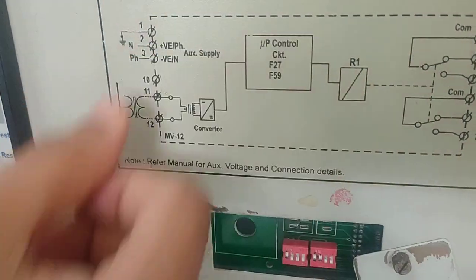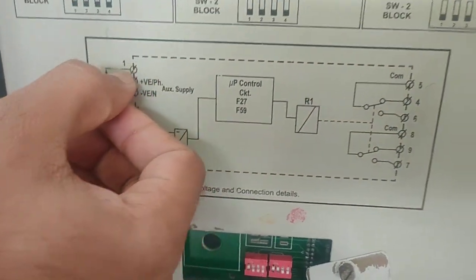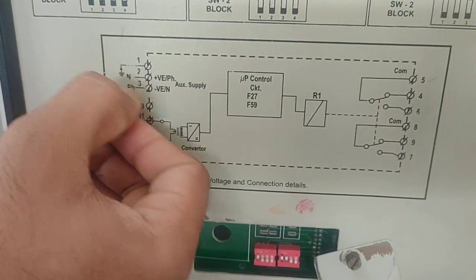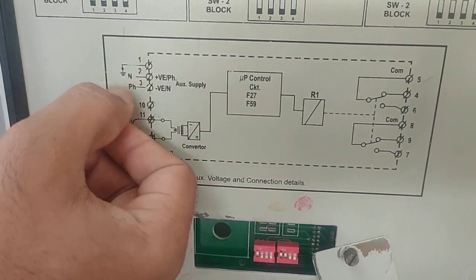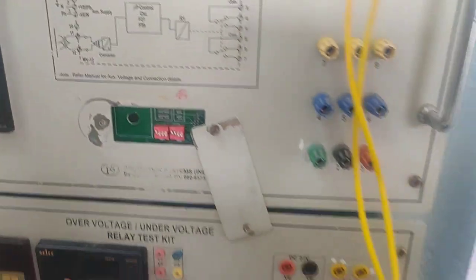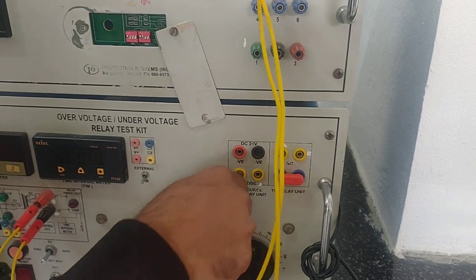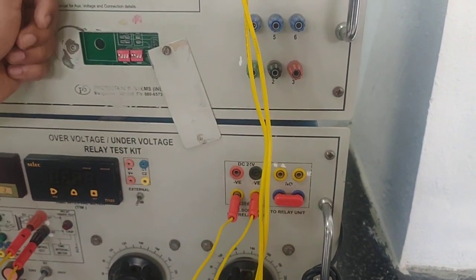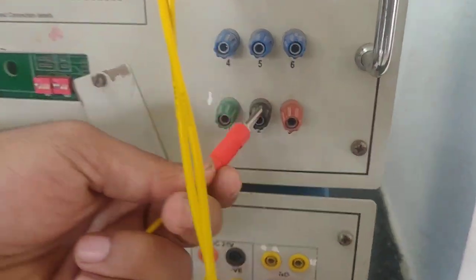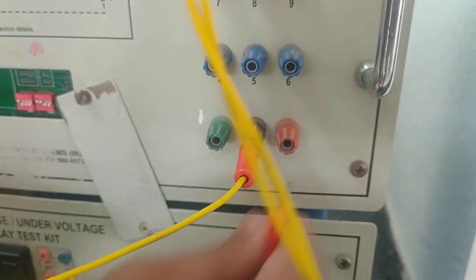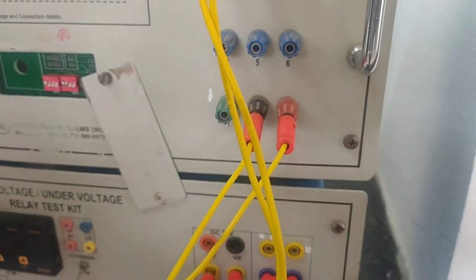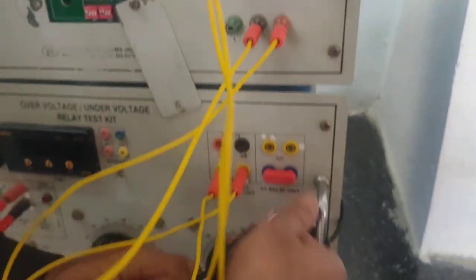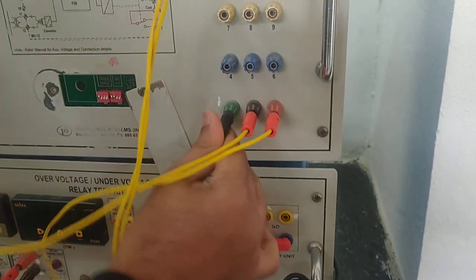In this connection diagram, 1 is ground, 2 is neutral and 3 is phase. We are giving AC supply, 230 V AC, connected to terminals 2 and 3. And 1 is ground.